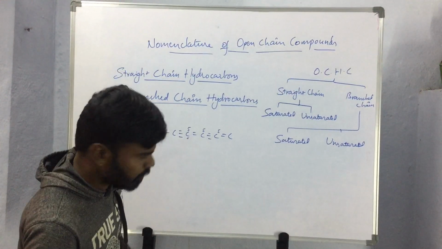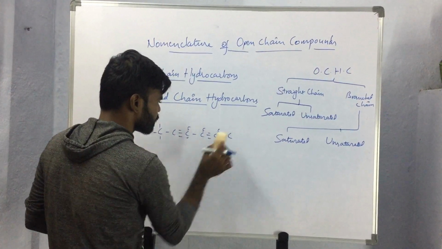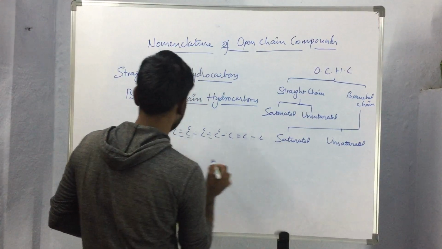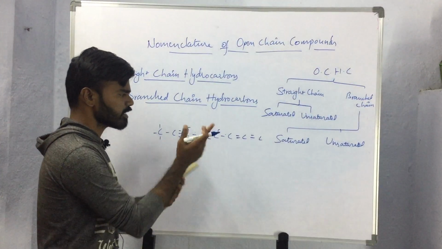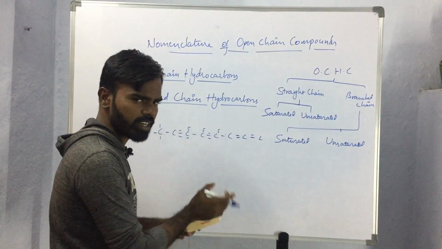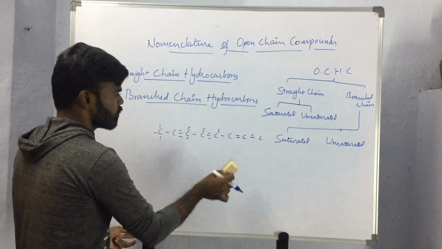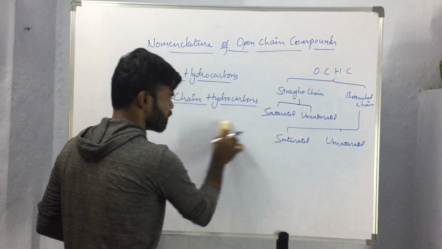So we can write this compound like this. This can be considered as an example for combined multiple unsaturations. Please correct this and excuse me for the mistake I made in the last video.